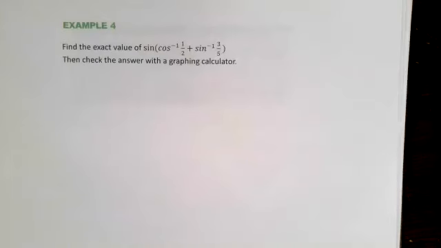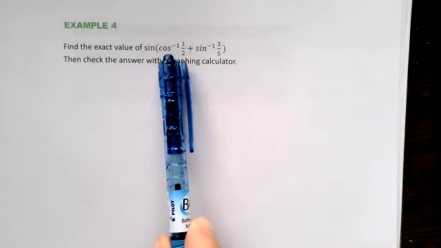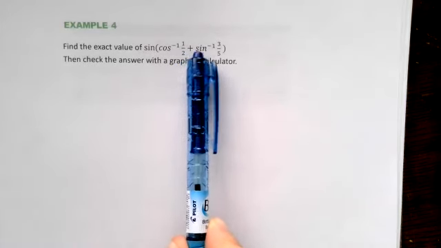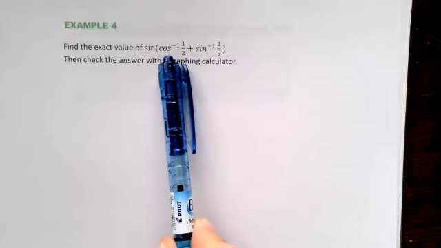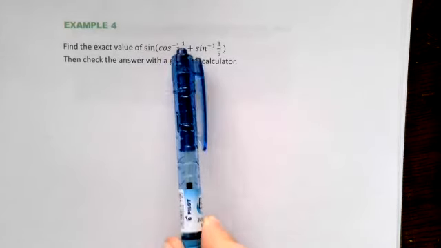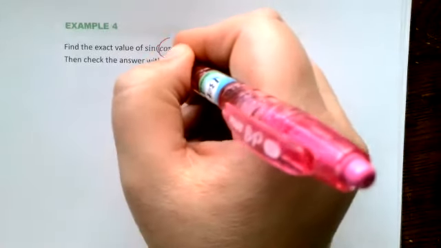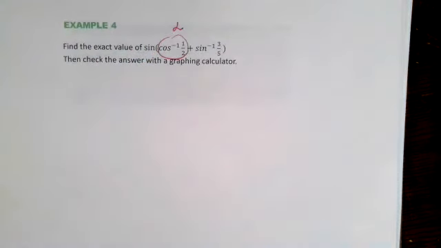Now let's take a look at example 4, and this example is slightly different and slightly more interesting. It says, find the exact value of sine of the inverse cosine of 1/2 plus inverse sine of 3/5. Now remember that the output of the inverse cosine is an angle, and we're going to call it angle alpha.